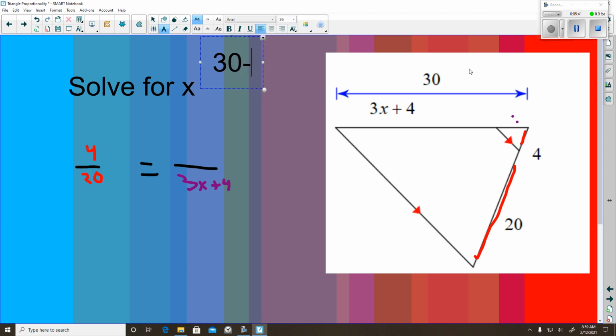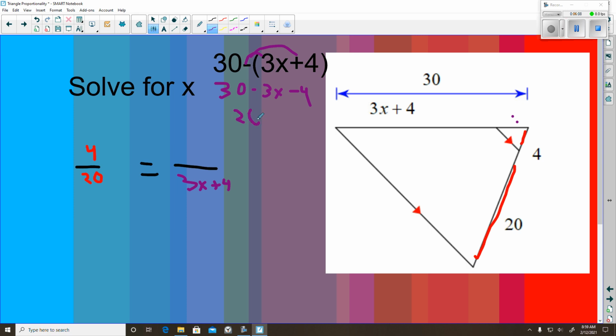So we're going to do 30 minus (3x plus 4), with parentheses, because you have to include the entire expression in the subtraction. You cannot just subtract 3x off. So you distribute the negative, which gives you 30 minus 3x minus 4. My like terms are 30 and negative 4, which make 26 minus 3x. So the small part I need to put on top is 26 minus 3x.